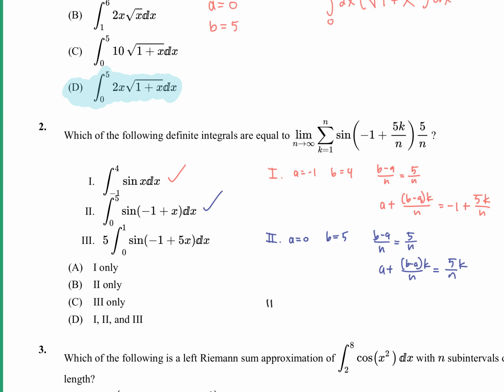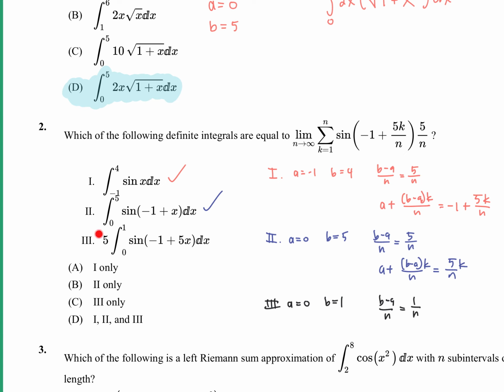Okay, let's look at the third one. The lower limit is 0 and the upper limit is 1, so a is 0, b is 1. If we do b minus a over n, we get 1 over n.